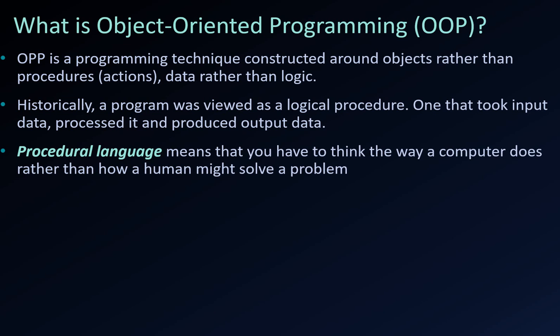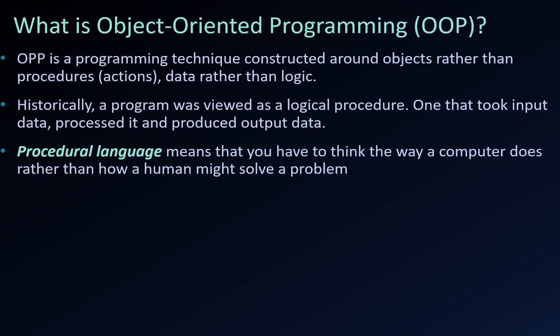That's called a procedural language. When I first learned programming, I used procedural languages. I learned BASIC. You now have Visual Basic, which is an OOP language. The original COBOL and Fortran were all procedural languages, which were fine for their time, but they were fairly inefficient.